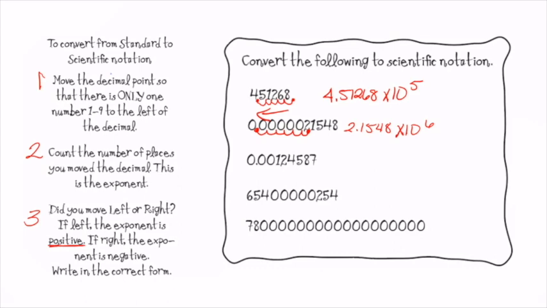Now, did we go left or right? We went to the right, so our exponent is negative. Same thing with the next one. We're moving 1, 2, 3 places, times 10. We went right, so it's negative 3.